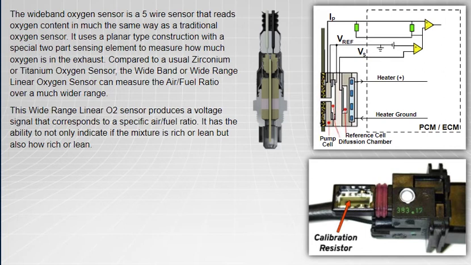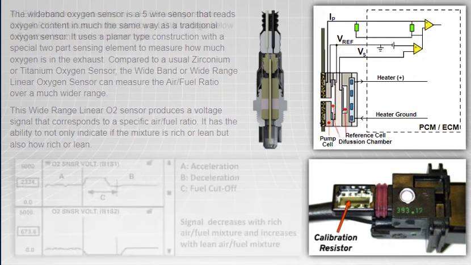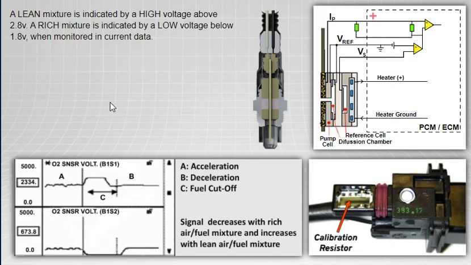This wide-range linear O2 sensor produces a voltage signal that corresponds to a specific air-fuel ratio. It has the ability to not only indicate if the mixture is rich or lean, but also how rich or lean. A lean mixture is indicated by a high voltage above 2.8 volts.